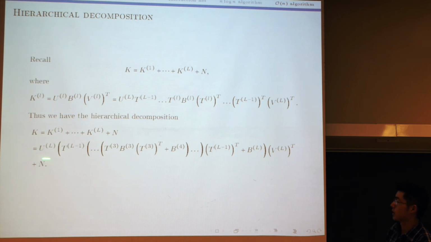Matrix U capital L is the column basis for leaf level, and matrices T are translation matrices. What benefit can we get from this decomposition?